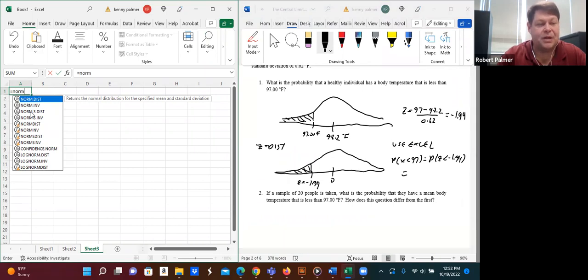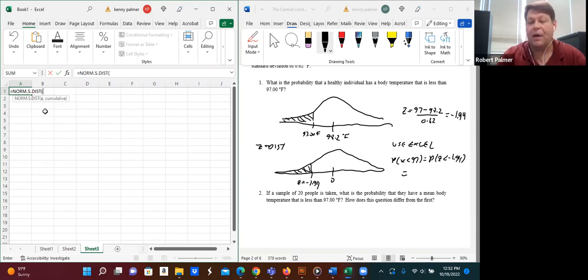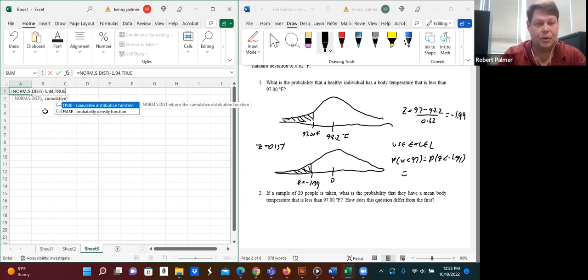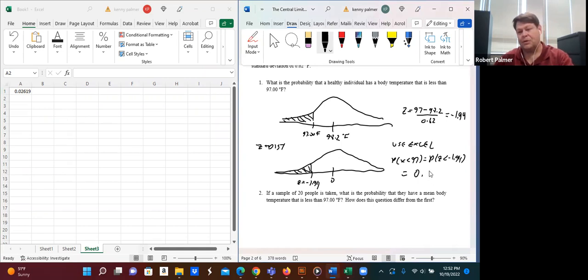That's a standard normal distribution. It says it returns a standard normal distribution, which has a mean of 0 and a standard deviation of 1. Double click on that, put in our value, which is negative 1.94. And then where it says cumulative, we want that to be true. So it's true. Okay. And so the probability of that is about, let's just do 2 decimal places, 0.03. Okay. Or about 3%.